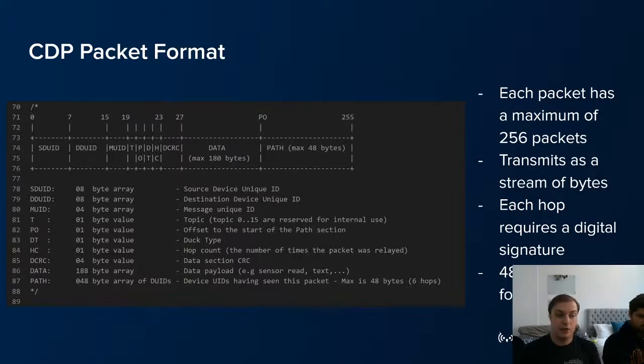So how we do this is that when duck A sends a message to duck B, when duck B relays that message, it will leave a digital signature in the path. So you can see in the path we reserve 48 bytes, which means that it can hold up to 6 hops worth of data.